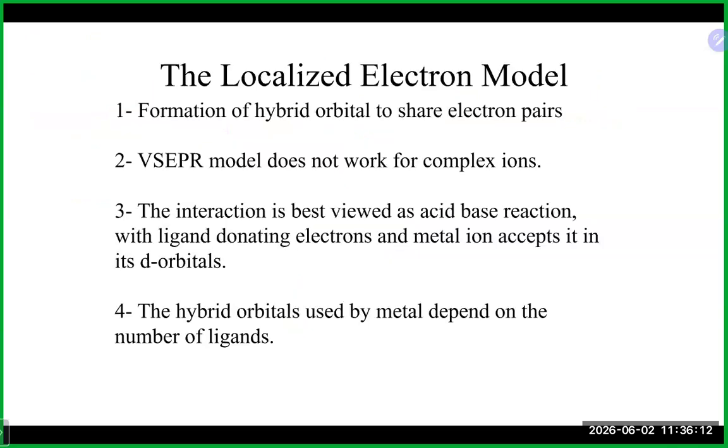All right, the last thing we're going to talk about is bonding in complex ions, and really the distribution of electrons within a complex ion, and the formation of hybrid orbitals to share electrons. Hopefully you remember hybrid orbitals, things like sp, sp2, sp3, sp3d, sp3d2.